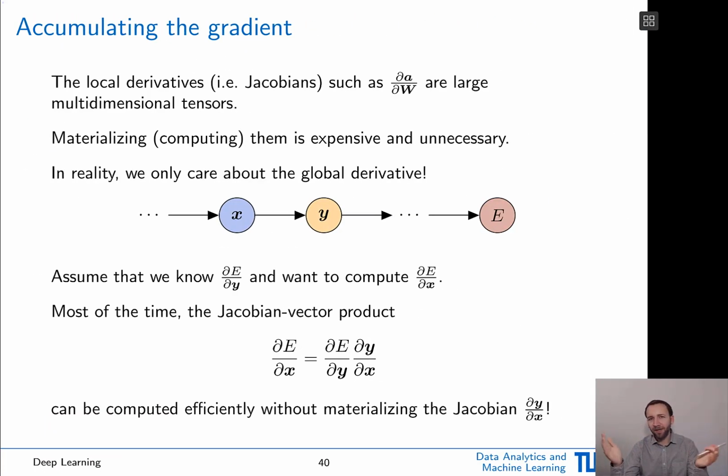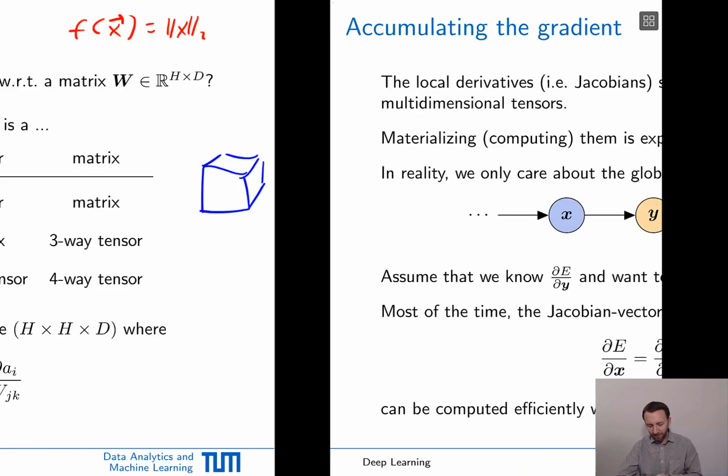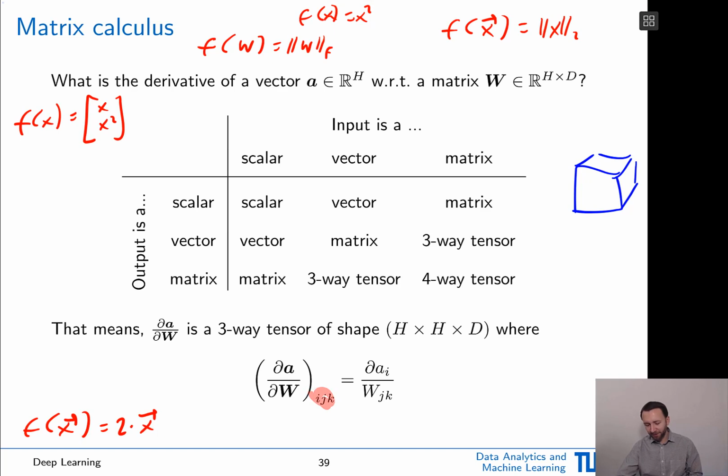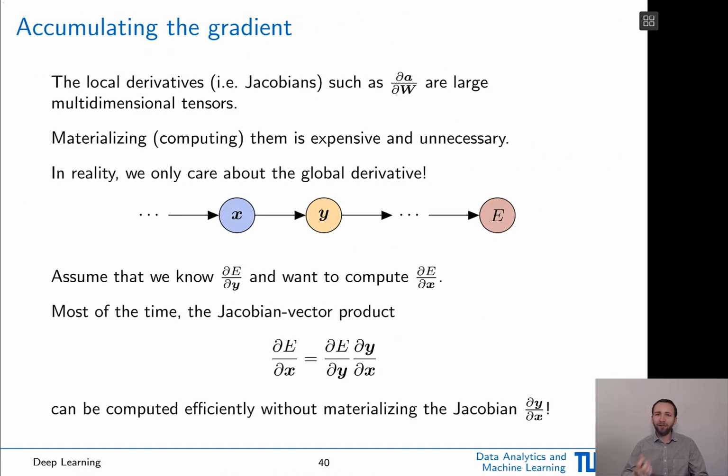In practice, we have many, many parameters, let's say millions of parameters, and if we want to compute all these cross products, with millions of parameters here and hundreds of dimensions there, then we have many, many values to materialize and store. So we want to avoid this.